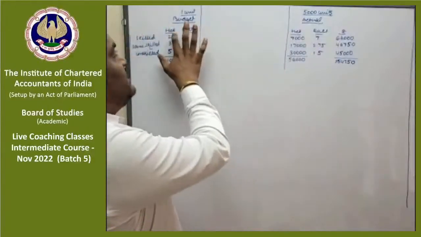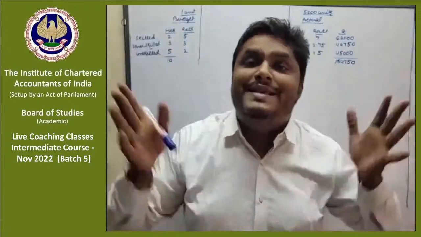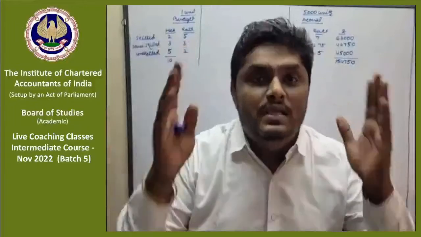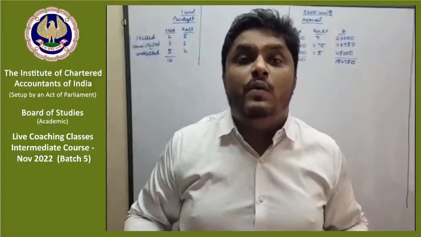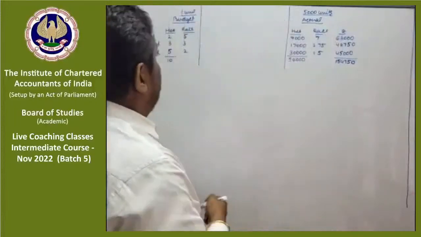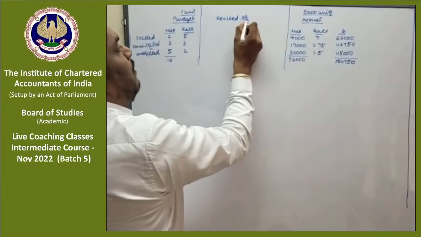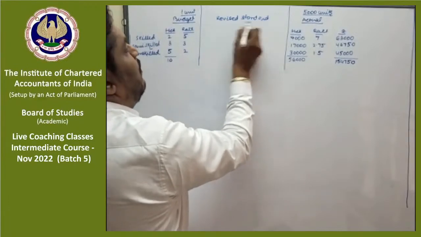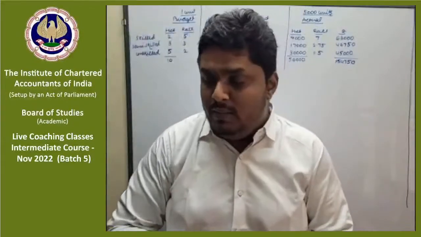Instead of hours, it is quantity and price is given. So are these two figures comparable? Yes or no? If no, then what will be the revised standard quantity? What will be the revised standard?